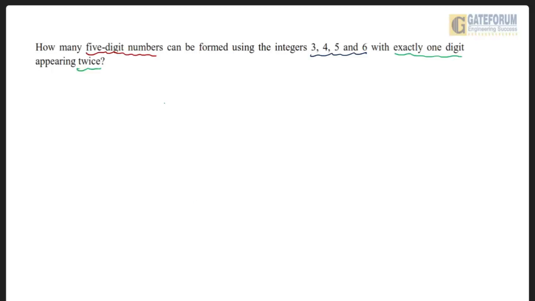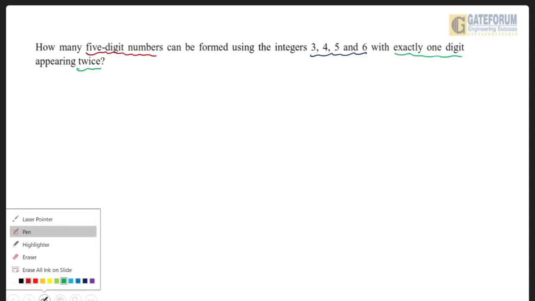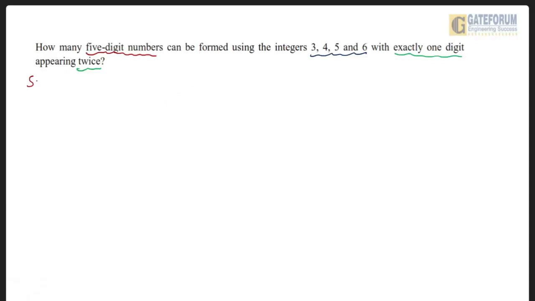So the solution is: given integers 3, 4, 5, 6. Since only one digit appears twice, one digit from 4 digits can be selected in 4 ways.